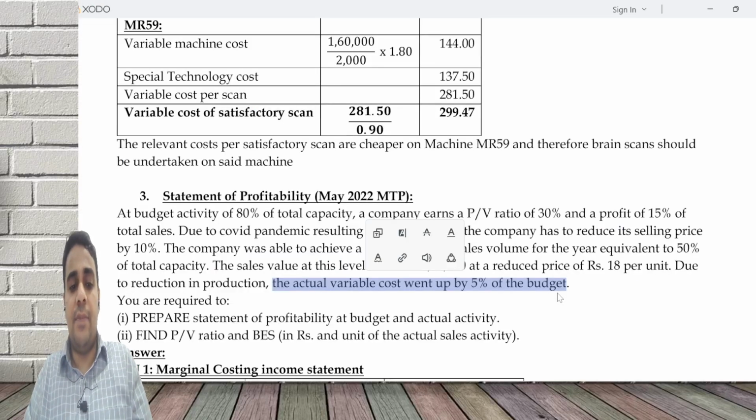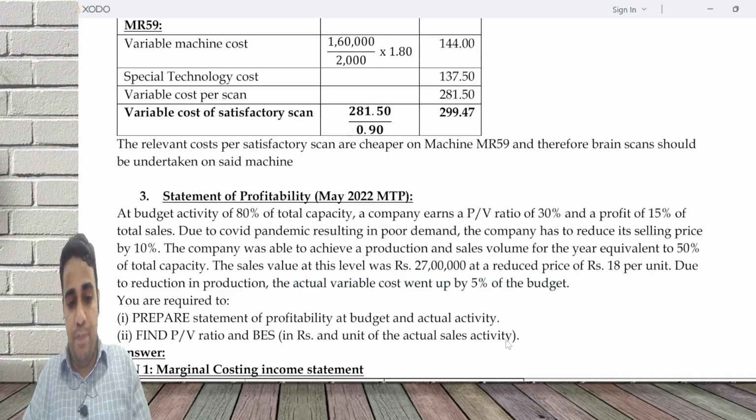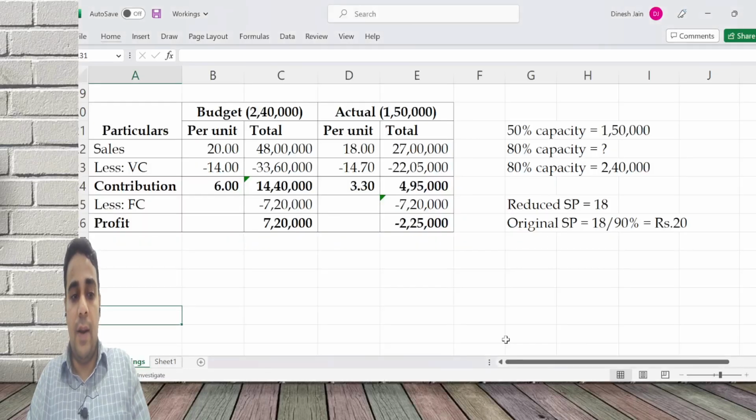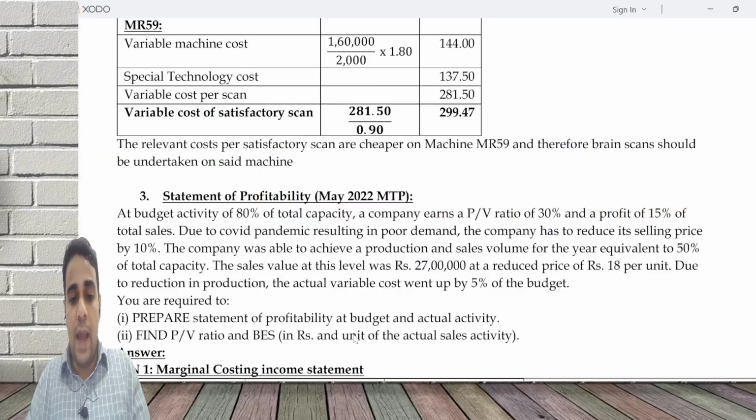And for the second segment, they want us to calculate PVR, and break-even point in rupees and units. This is a fairly simple, formula driven calculation. They wanted this for the actual sales, not the budget.